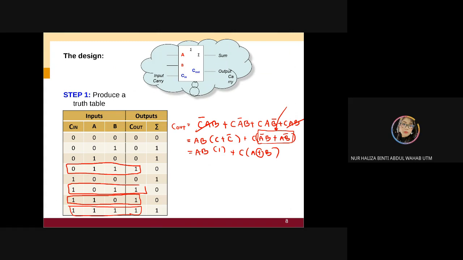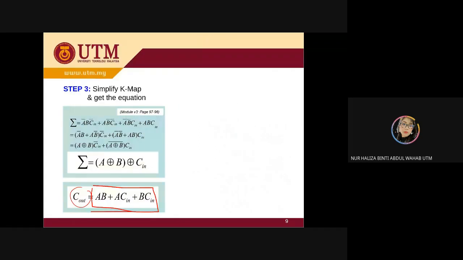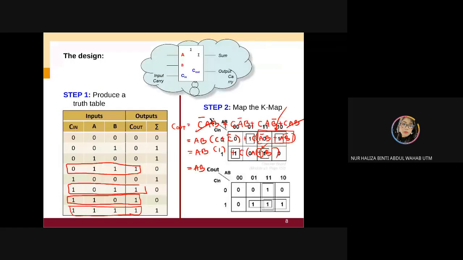Please check the rules of Boolean, what I'm going to get if I have A bar B plus A B bar, instead of going for the XOR. What will be here? There is no derivation from this. It will be A plus B. You all check or not? A bar B plus A B bar.